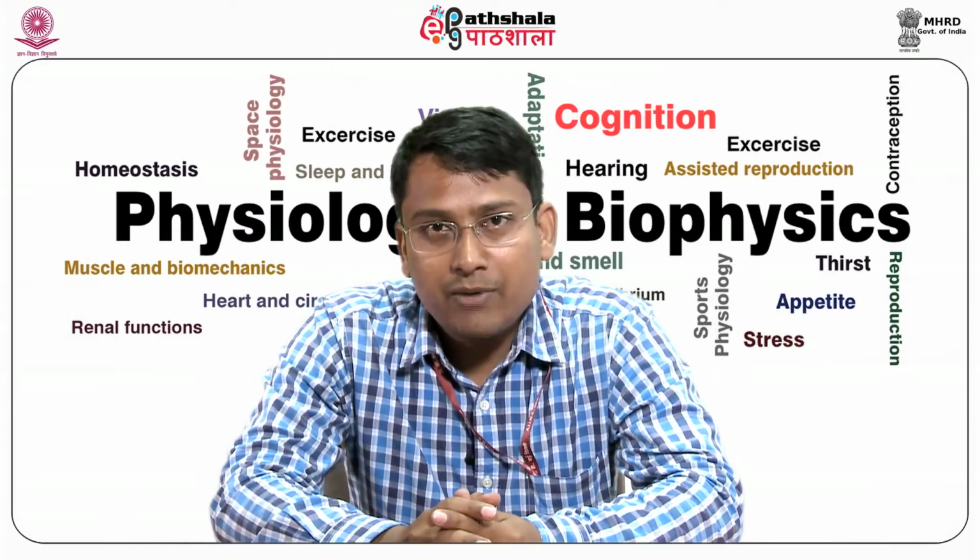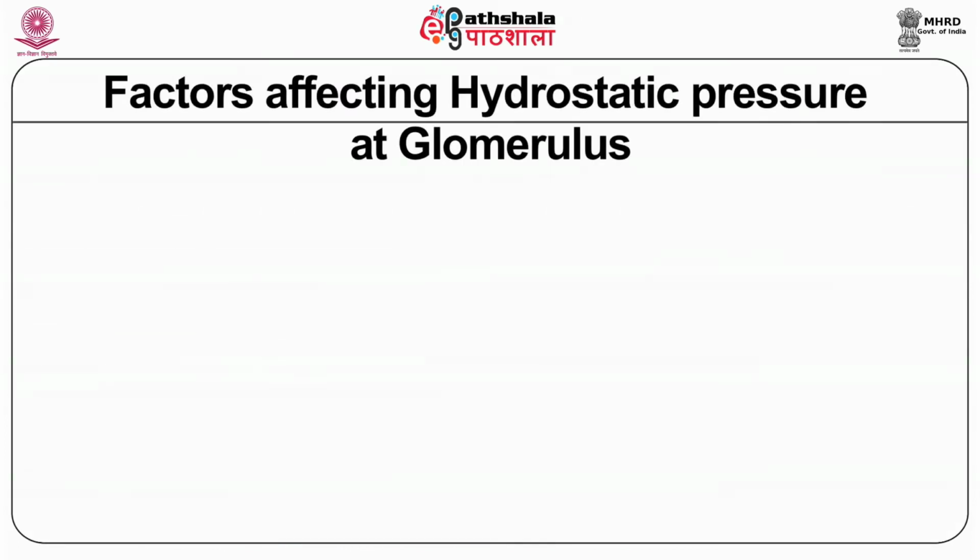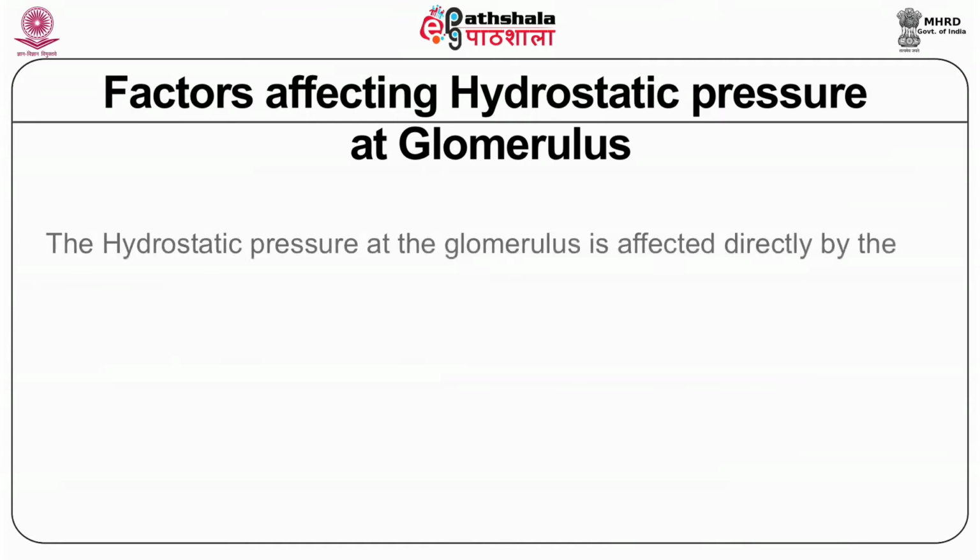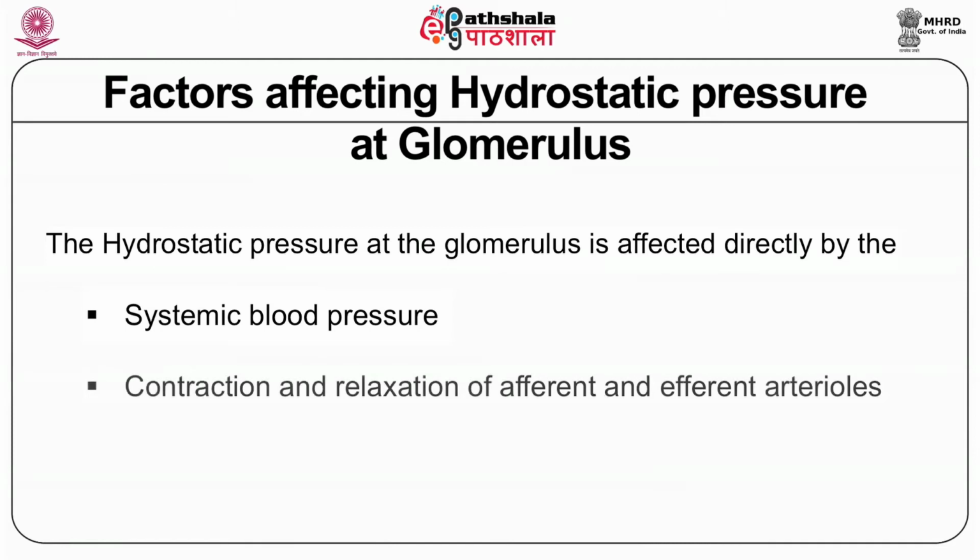Now, coming to the factors affecting each of these determinants. In this slide, the factors affecting the hydrostatic pressure at the level of the glomerulus. The hydrostatic pressure at the glomerulus is affected directly by, number 1, the systemic blood pressure in the body. Number 2, contraction and relaxation of the afferent and efferent arterioles based on various conditions.